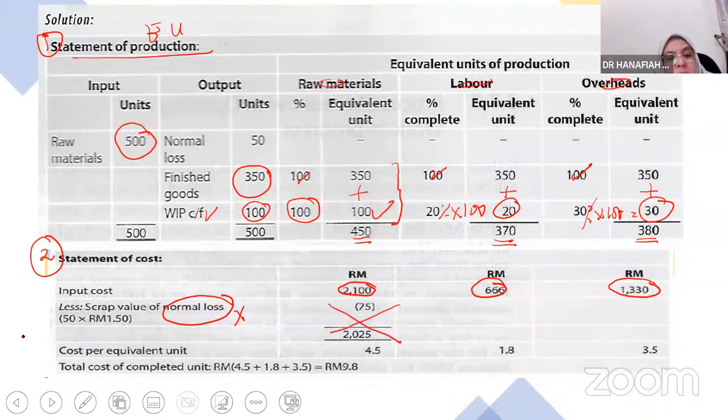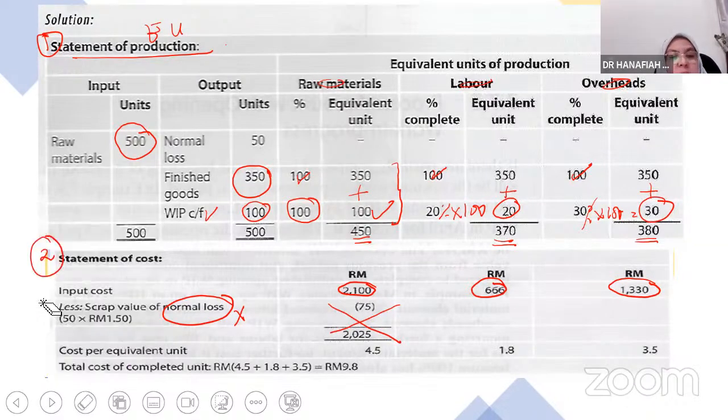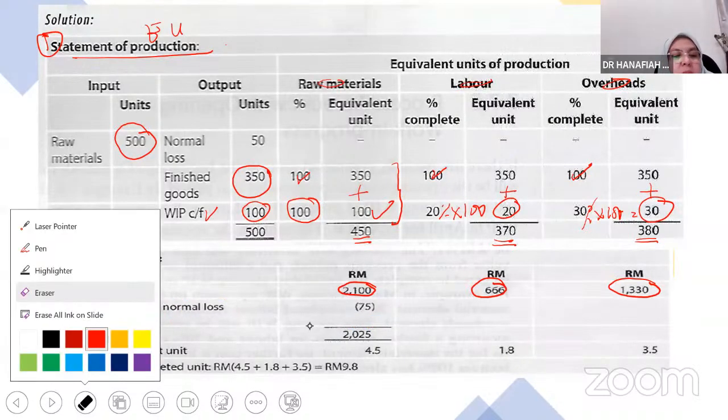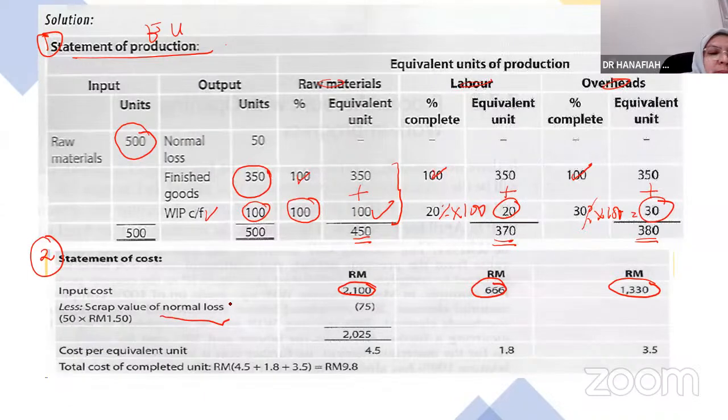However, now you have normal loss. How much? 50 units times 150, the scrap value. 50 times 150 is 75.